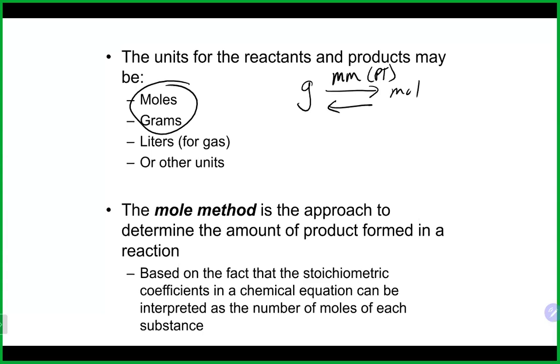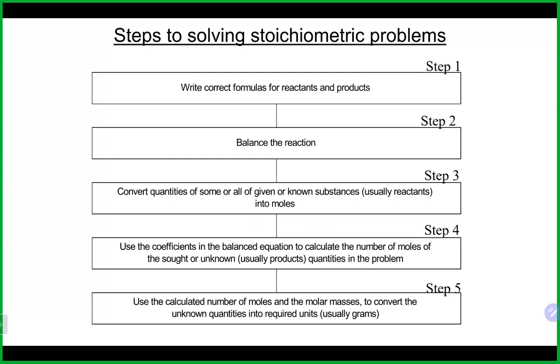The reason you need that conversion factor is that typically in these problems, they will give you information about one thing in the equation, but you're actually interested in something else. So you use the equation as a conversion factor from A to B so that you can figure out what you're looking to find, be that how much you're going to produce or how much you started with. These are the general steps for a basic stoichiometry problem.